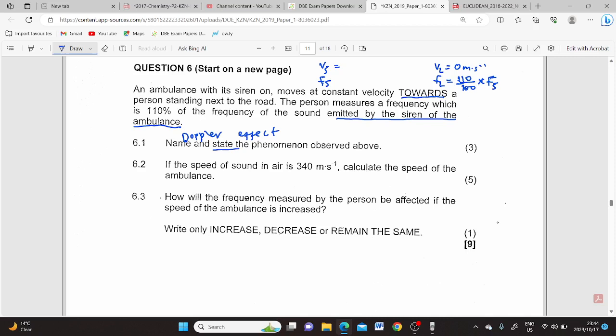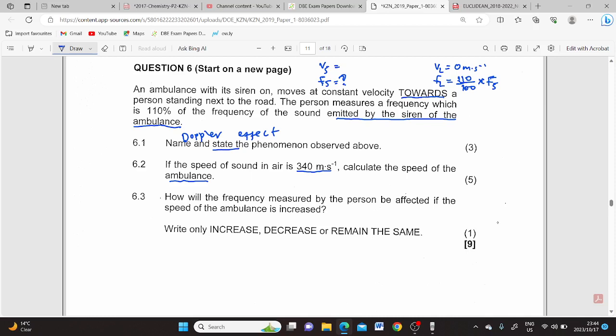But if the speed of sound in air is 340 meters per second, calculate the speed of the ambulance. Now they want the speed of the ambulance with this information.